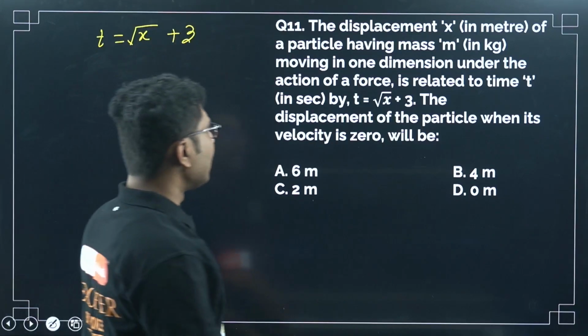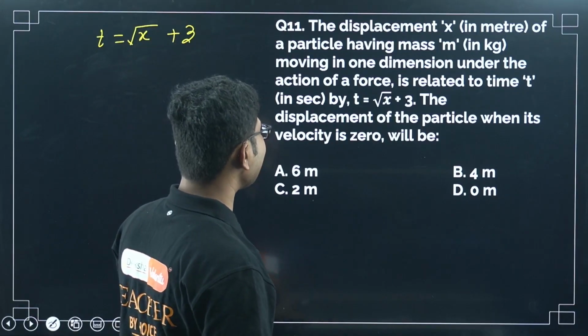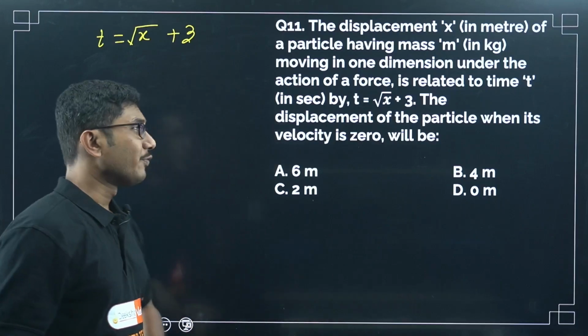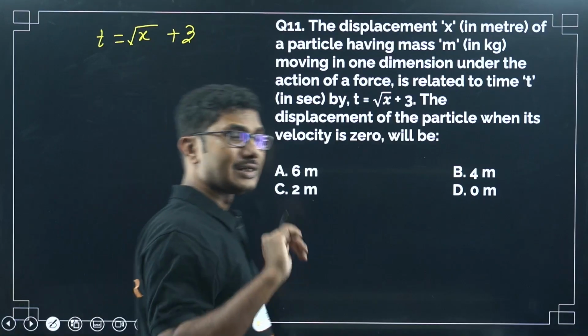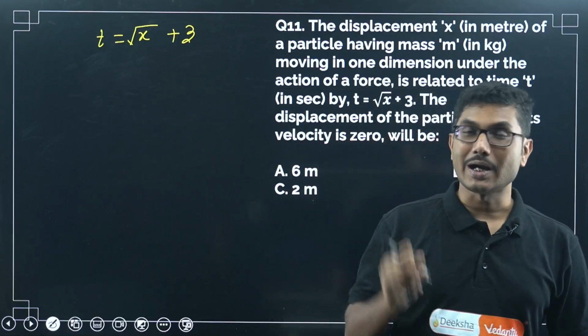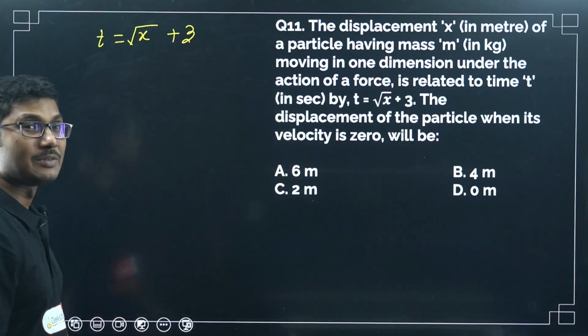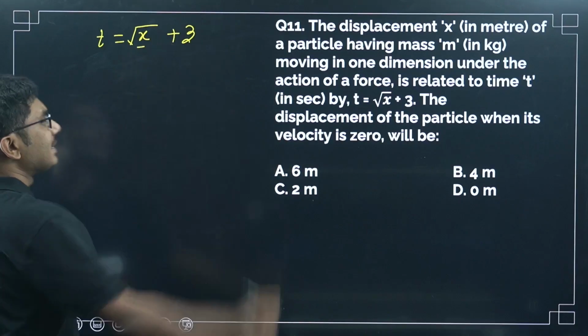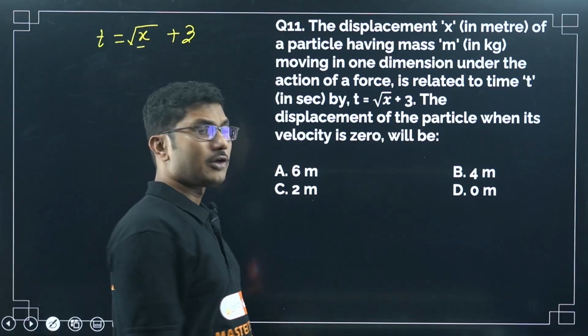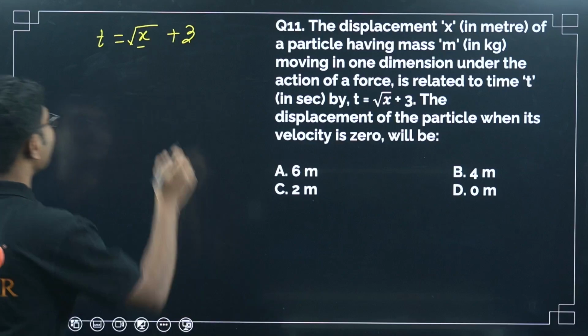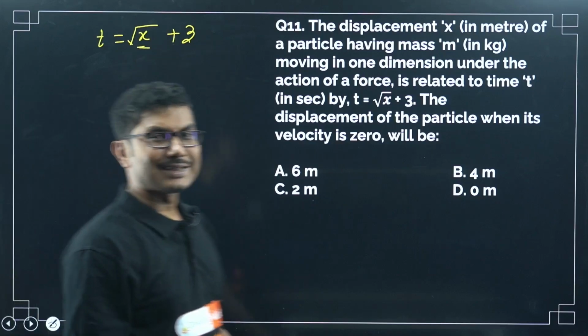Now, the displacement of the particle when its velocity is 0. So first we have to find at what time the velocity is 0, and at that time we have to find the displacement. Here x itself is the displacement. First of all you have to find the velocity. To find the velocity we have to make x independent.